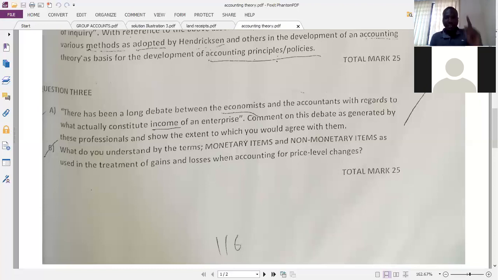So the simple and short of it is that whilst the accountant sees income as the difference between cost and revenue, the economist is looking at your bottom line. Look at your pockets and see how much you can use to afford to buy something.